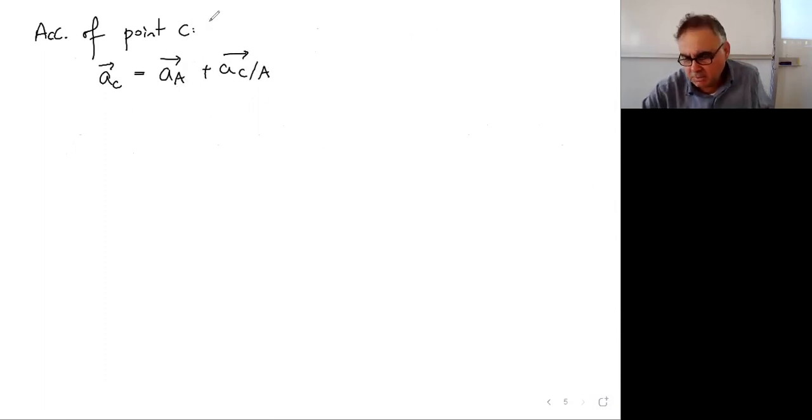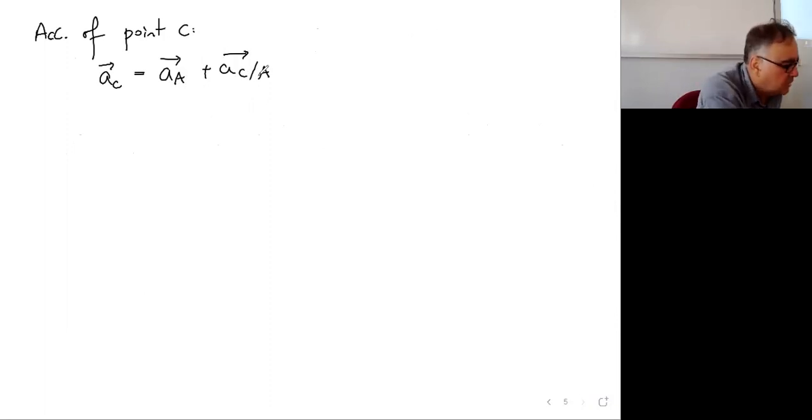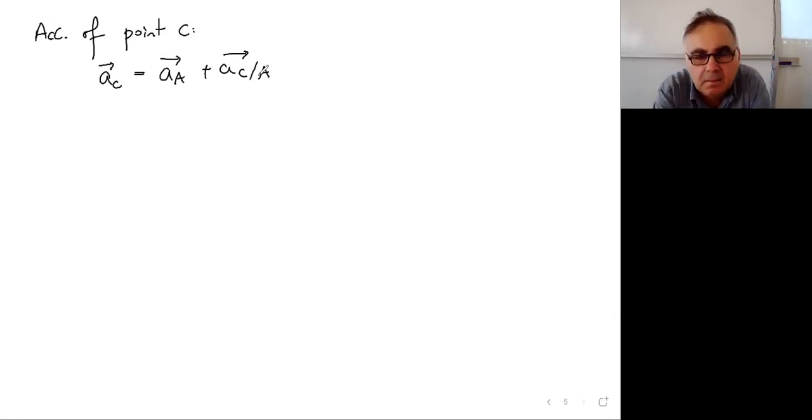Once those angular accelerations are known, it's not hard to find these things. I'm not going to go into details of finding the accelerations. You can find the acceleration at any point once you solve for the angular accelerations.